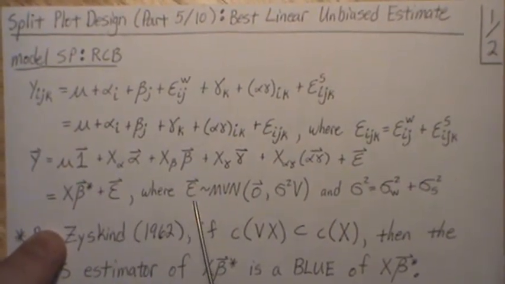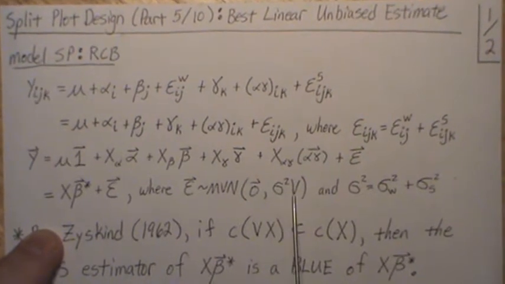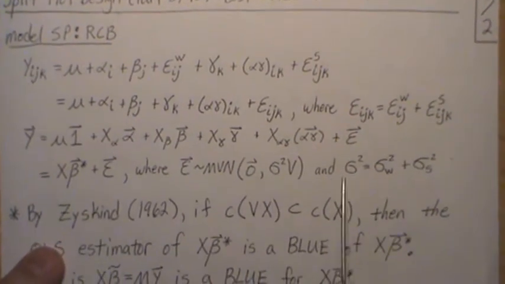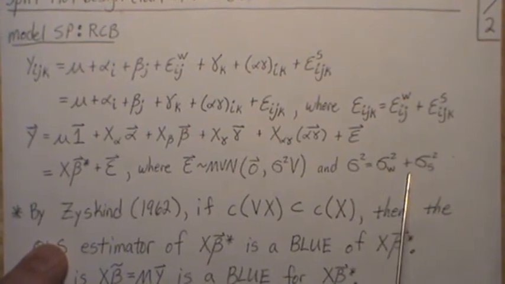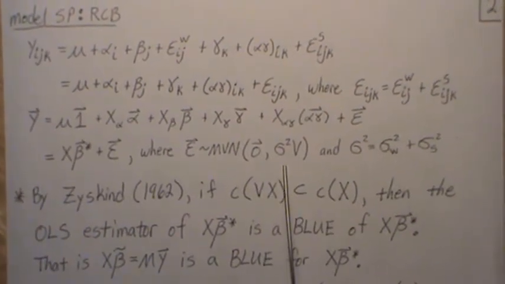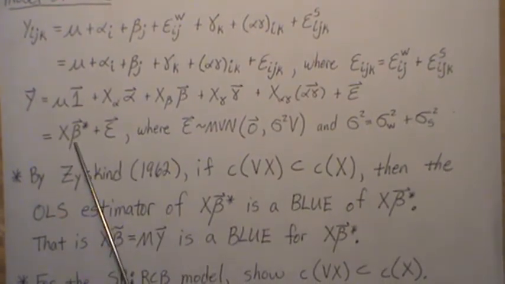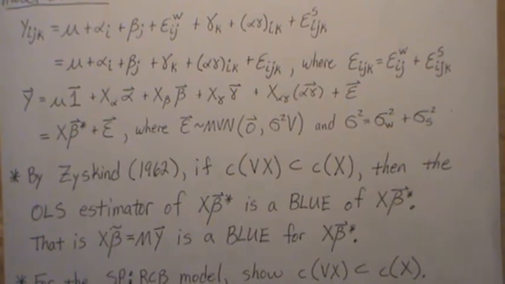And this error term is multivariate normal mean 0 and covariance matrix sigma squared V, where sigma squared is this. And what we're going to look at is finding the BLUEs of an estimable function for these beta parameters.